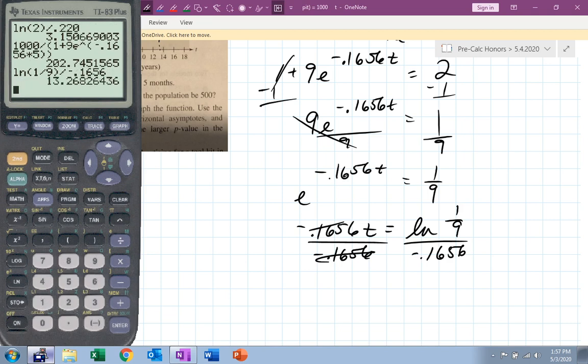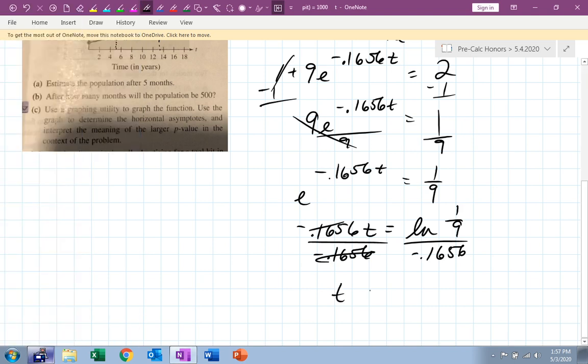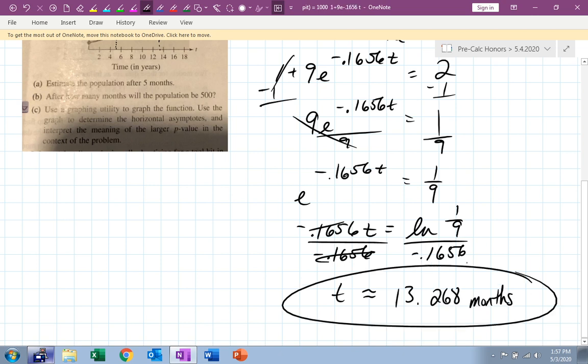Well, we estimated 13, so I get 13.268 months. So t is around 13.268 months. Beautiful question. Now the thing is, do we do part C? No, I'm good. I like the next problem I have for you.